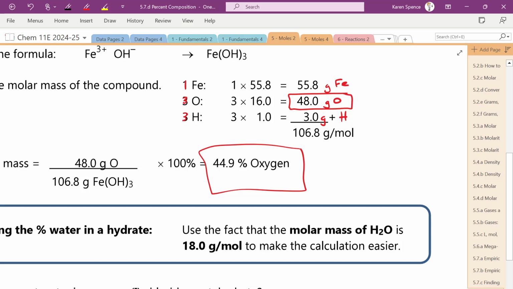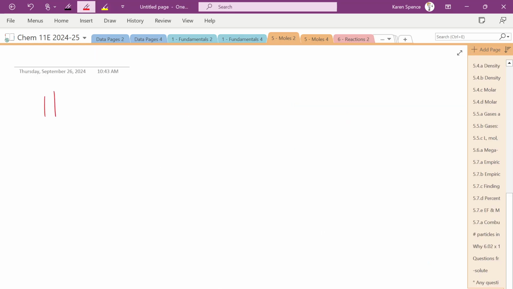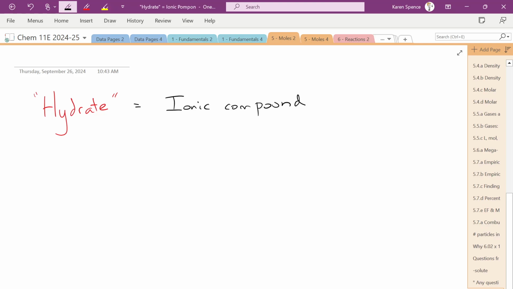Crystal lattice, which means that what type of compound is it? Ionic compound. And what differentiates it from other ionic compounds?